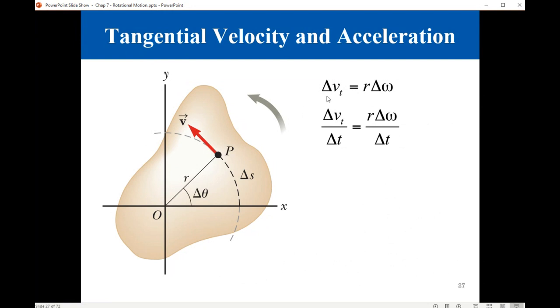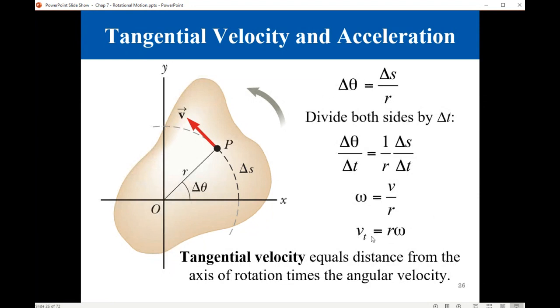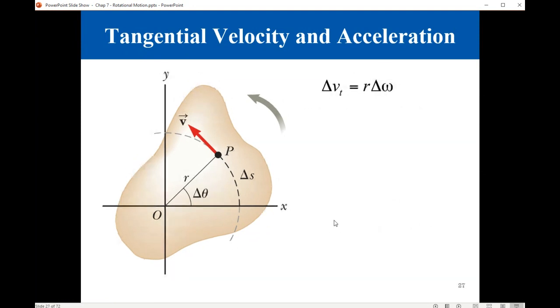If you take delta V, it is equal to R delta omega. From this equation, V equals R omega. The change in V is equal to R multiplied by the change in omega, because R is constant. For the same point, R is constant. But when omega changes, V changes.